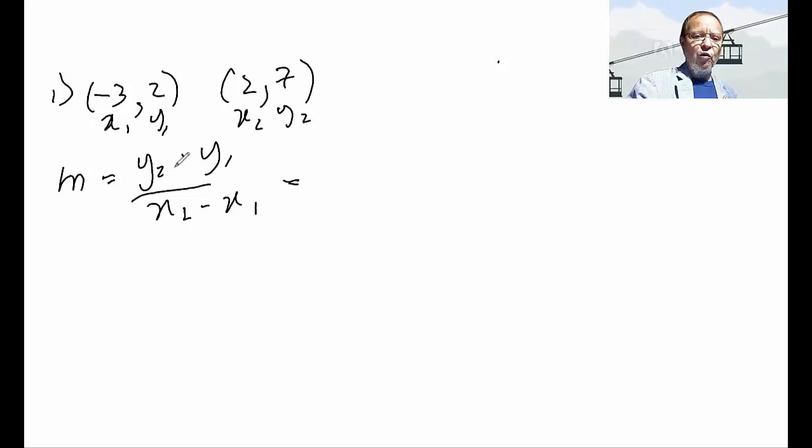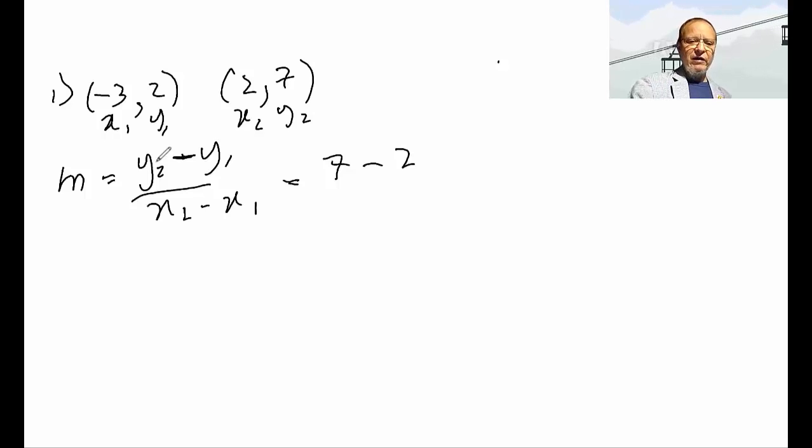So we have y2 is 7, and y1 is 2, but because we have to subtract it, we put 7 minus 2. And then in the denominator, we have x2, which is 2 there.